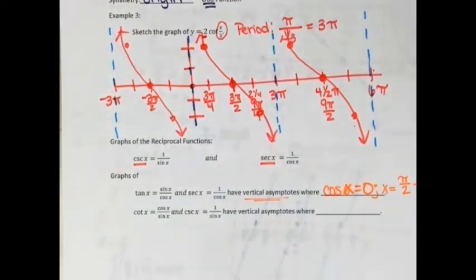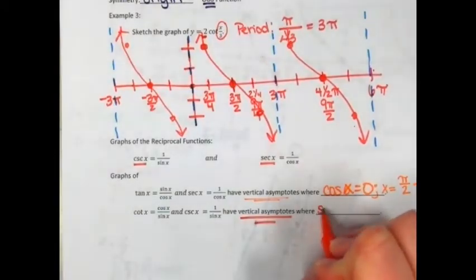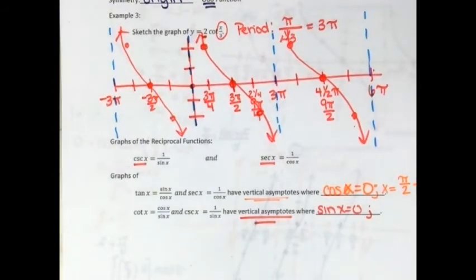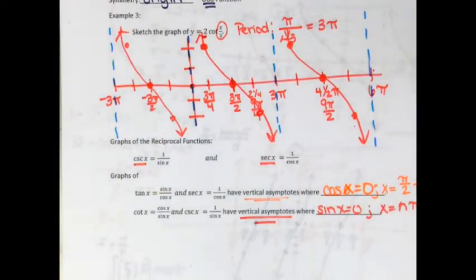Cotangent is cosine over sine, and cosecant is the same idea, 1 over sine. So in that case, we will have a vertical asymptote when our sine is equal to 0. And when is sine equal to 0? At 0, at pi, and so on. So x would equal n times pi.